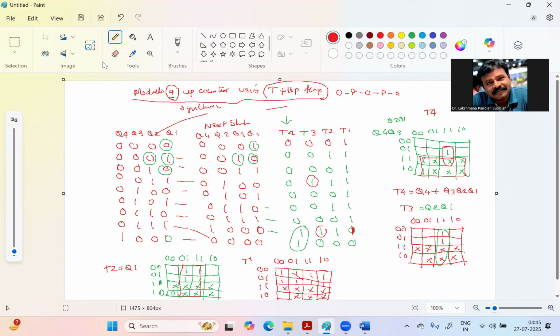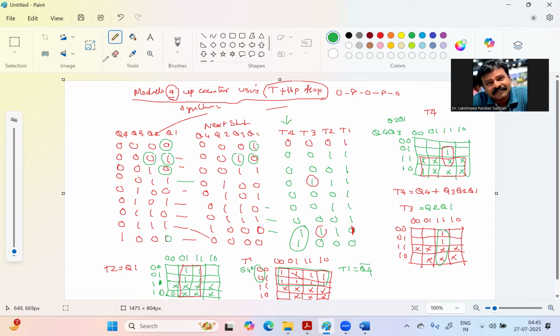Now this 4, 8, this 8 ones can be grouped together. So we are having now Q4 dash. So T1 equal to Q4 dash.